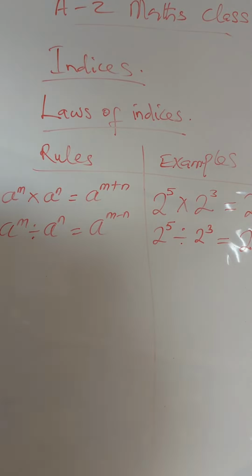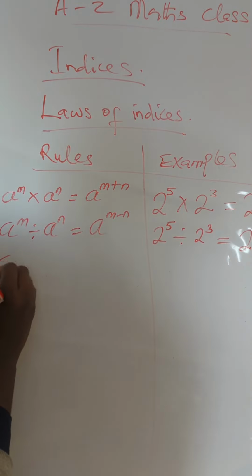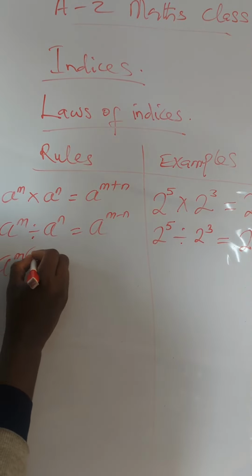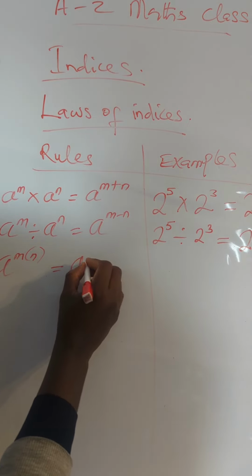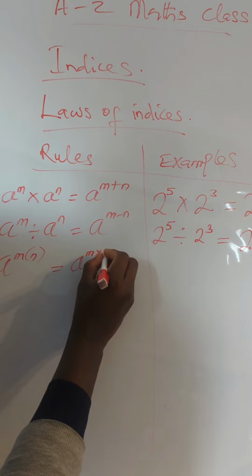That's very, very simple. Another one is a raised to power m, in brackets, raised to power n, is equal to a raised to power m times n.